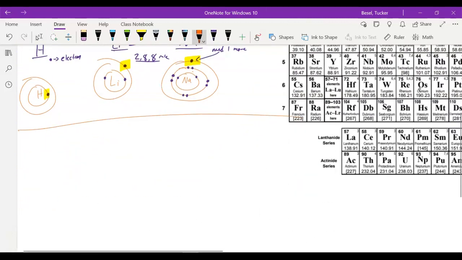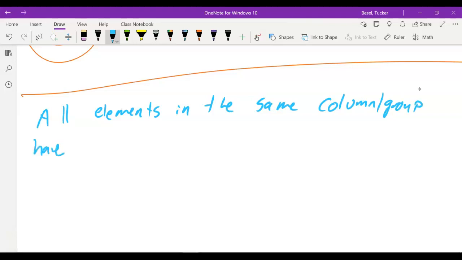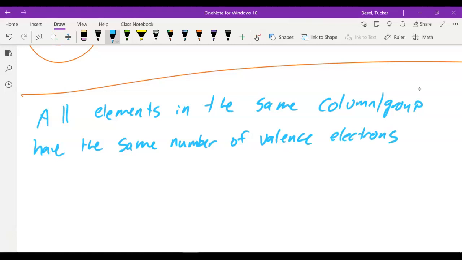So it's worth noting to yourself the following. Okay, so all elements in the same column or group in the periodic table, those are called groups, have the same number of valence electrons.